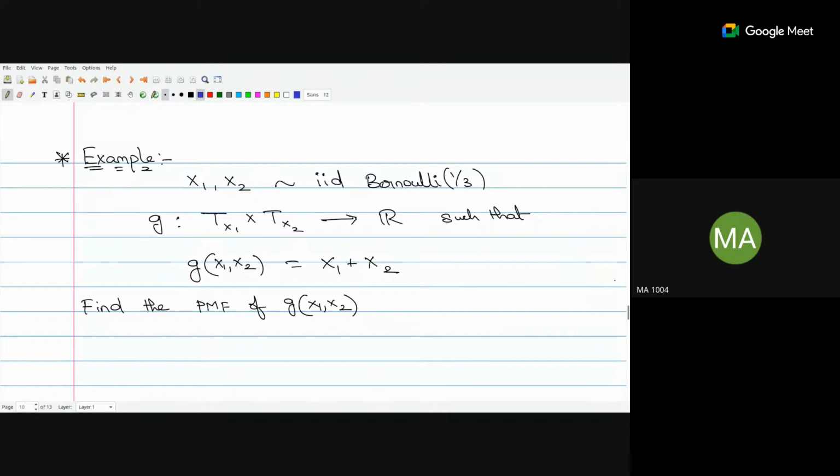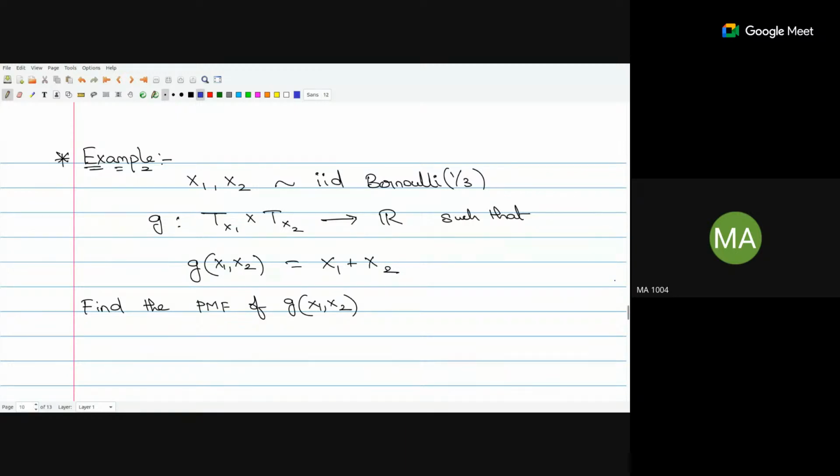The main 3 things we are going to see are the sum of 2 random variables, the product of 2 random variables, the minimum of 2 random variables, and the maximum of 2 random variables. These are the most important things. From our exam point of view, mainly focus on the sum of 2 random variables and the minimum of 2 random variables.